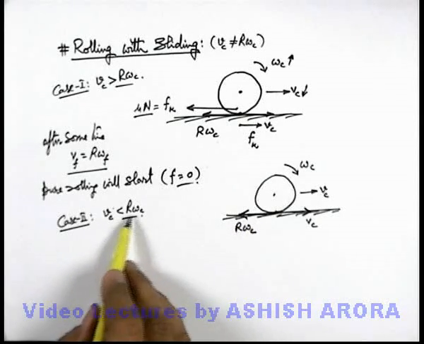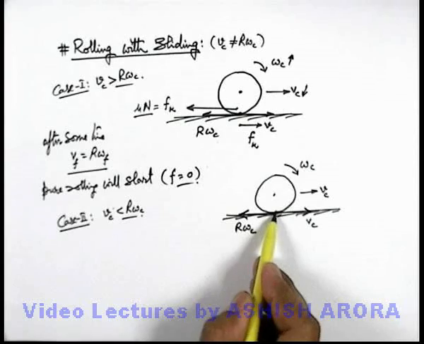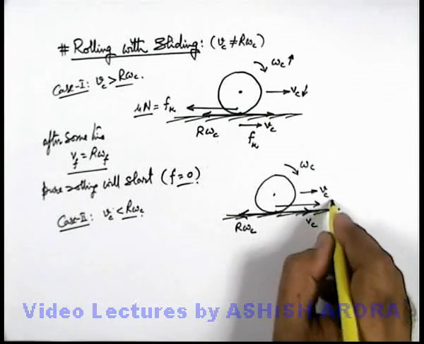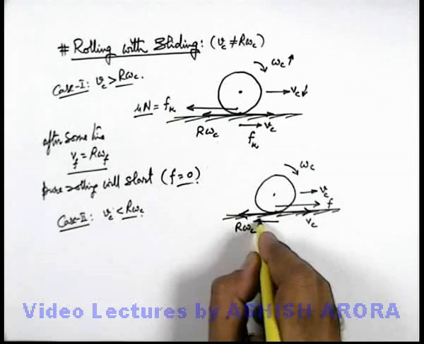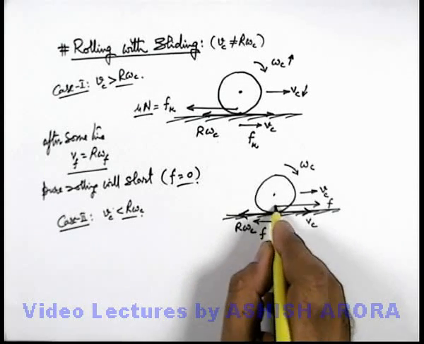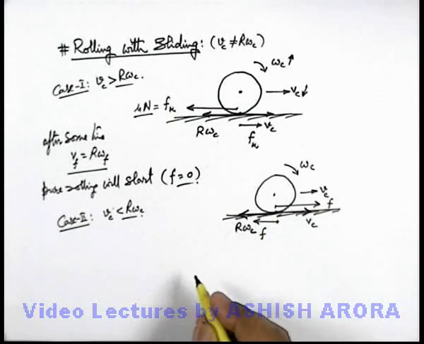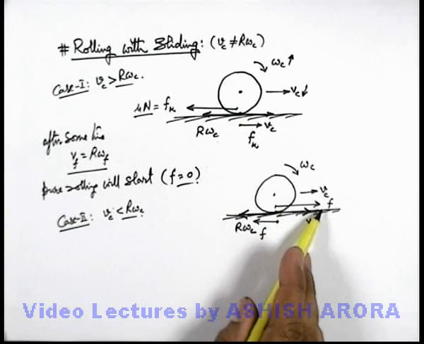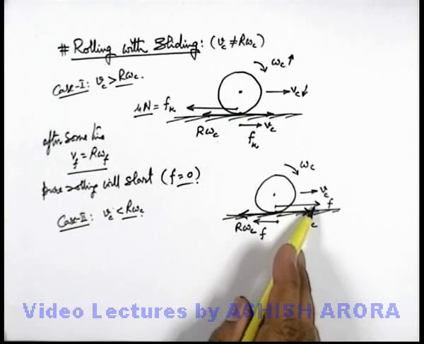But now as r omega c is more than Vc, this point will slide in backward direction. So here friction will act in forward direction, and on the surface, according to Newton's third law, the friction will act in backward direction.